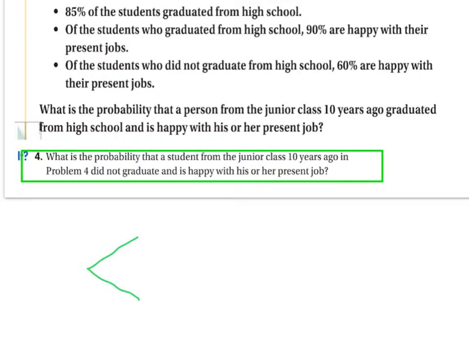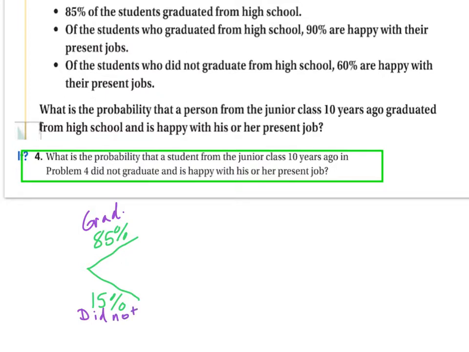We're going to put 85% here. That's for the 85% that graduated. That means that 15% did not. Normally I'd label those, but I guess I could do that. So, graduated and did not. Okay, so we break that down.